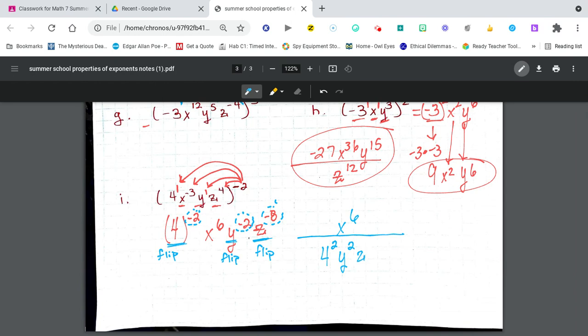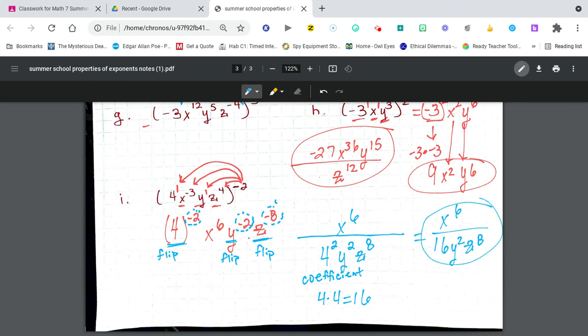Z flips to the bottom, and negative 8 becomes positive 8. I want to fix one more thing because this 4 is acting as a coefficient. I can multiply it out. 4 squared is 4 times 4, which is 16. So I can write this as x to the 6th over 16, y to the 2nd, z to the 8th power.